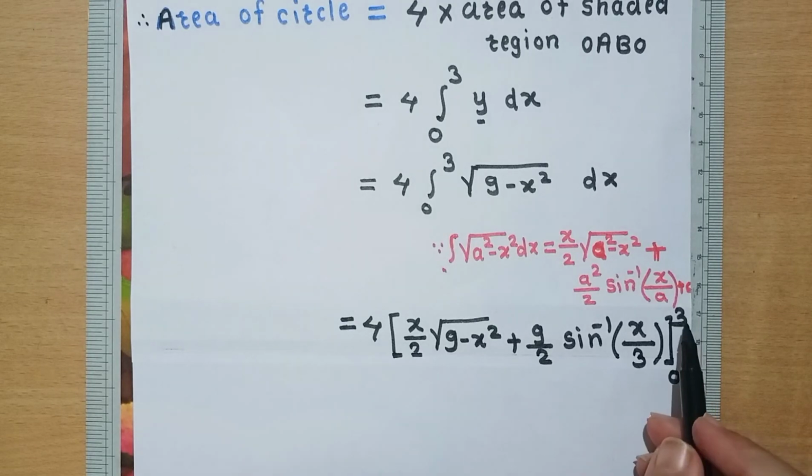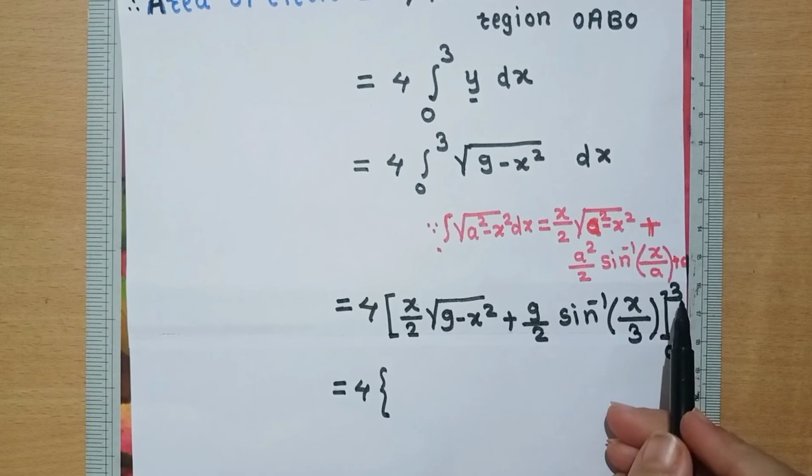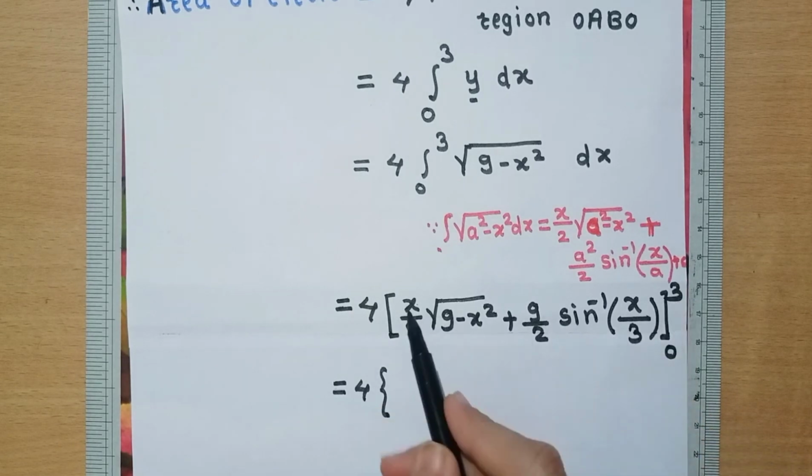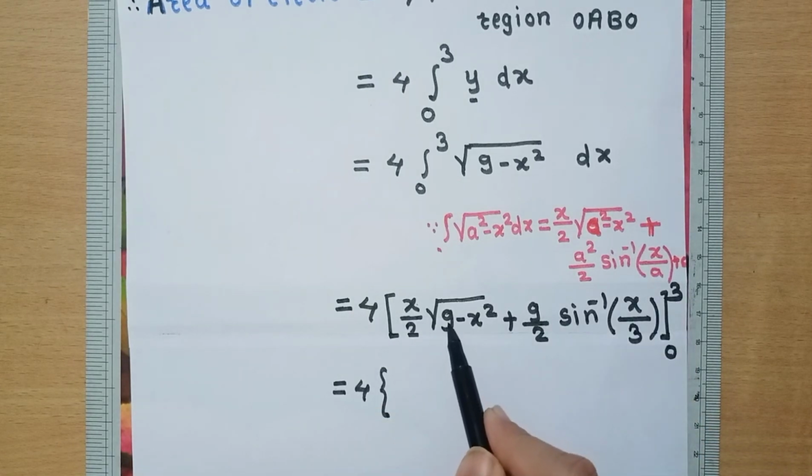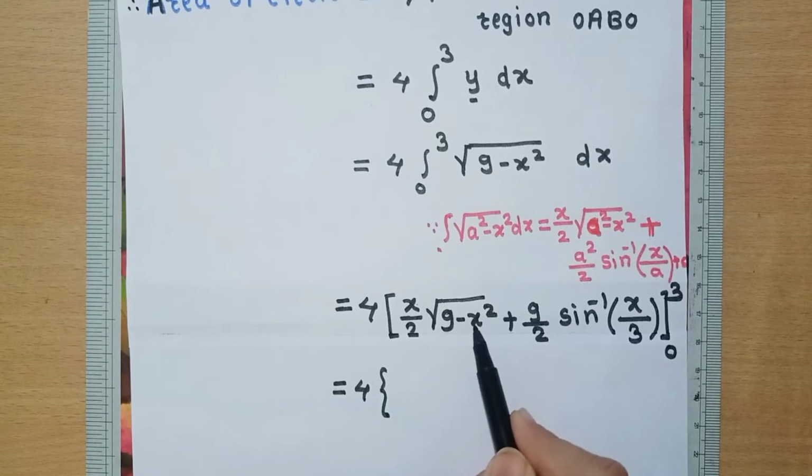And first we will substitute the upper limit wherever there is x. If we substitute x is equal to 3, now check here 3 upon 2, and here 9 minus 3 square is 9, so here first term is 0.